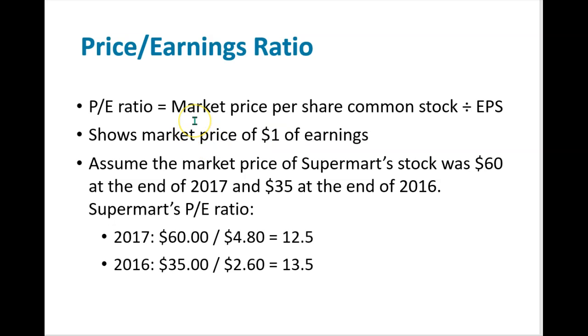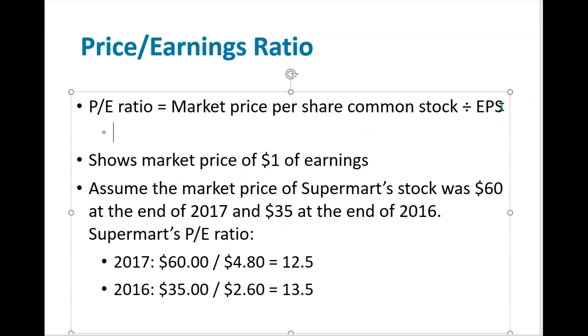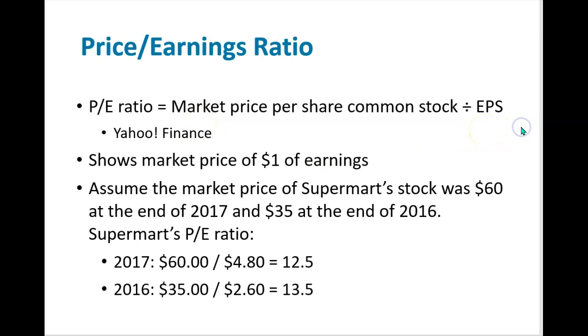A good place to look for that information is Yahoo Finance, because you can look up any stock there, and they've got a lot of trend information about what's happened to the stock price over, say, 5 years, and it's pretty interesting. So it's the market price of the stock divided by earnings per share, which gives us the market price of $1 worth of earnings.